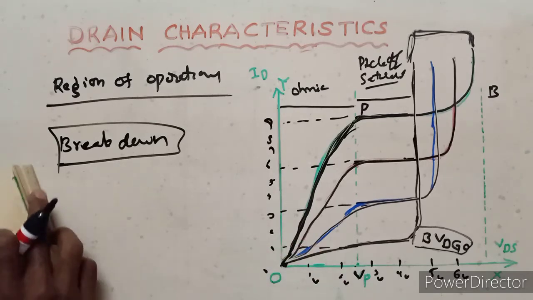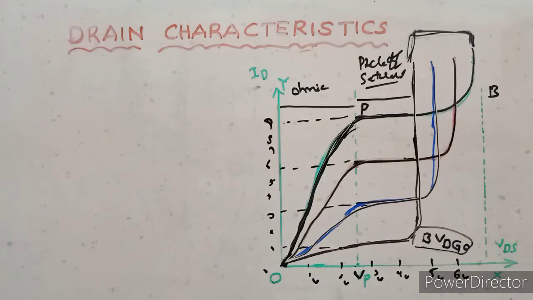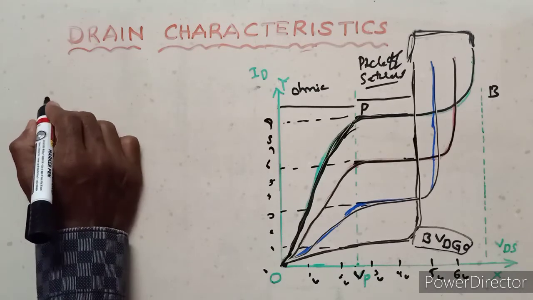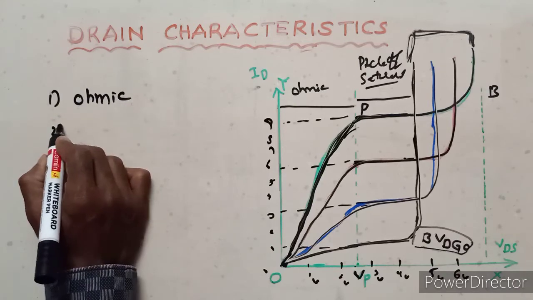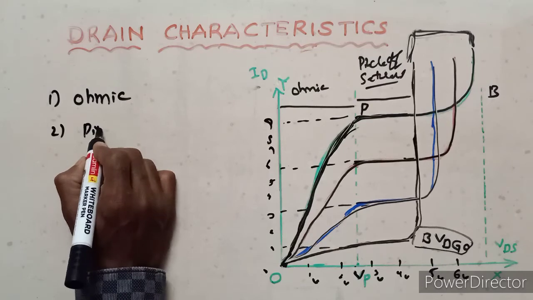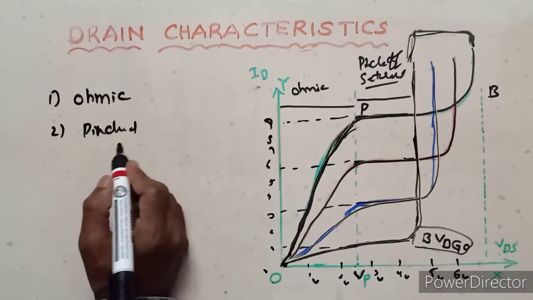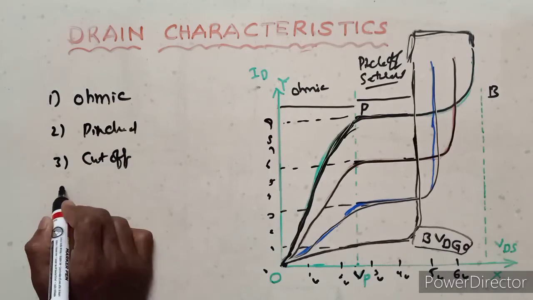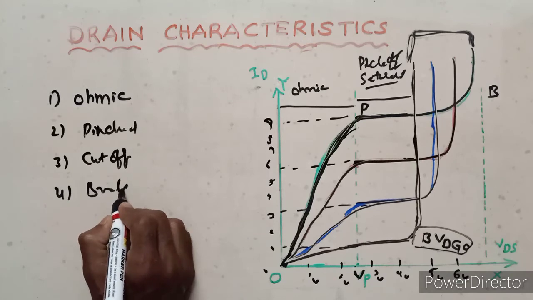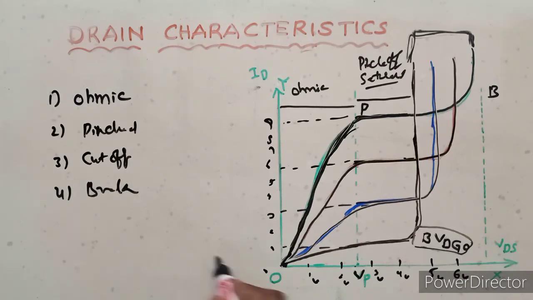So totally this is the drain characteristics, also called output characteristics. The first one is the ohmic region, the second is the pinched off, that is the saturation region, the third is the cutoff region, and the fourth is the breakdown region. Cutoff region is where ID is 0.